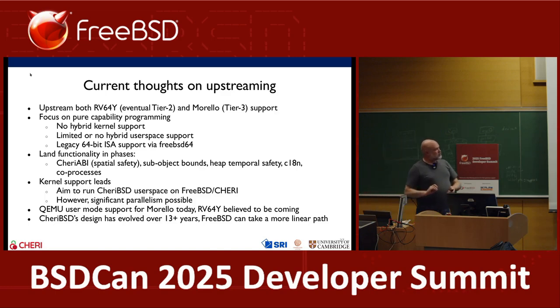We also want to upstream Morello support. This would definitely be tier 3, which is to say no guarantees that anything happens, no guarantees of stability in the system. If ARM decides they want to ship a product, it won't be quite Morello, and we'll just break the API.